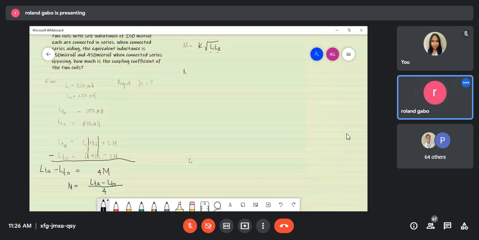So M is equals to what is aiding value 550 minus 450 divided by 4. We will get M. M is equals to, calculator palihog. Sige, dag calculator diha. Sige na calculator.